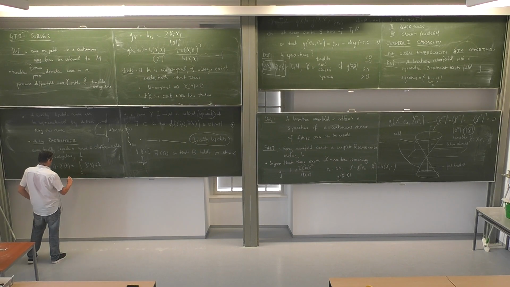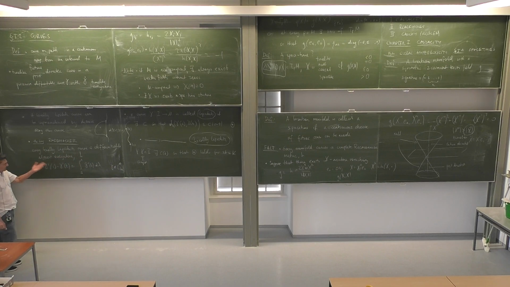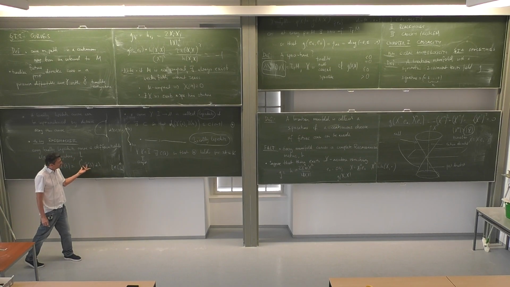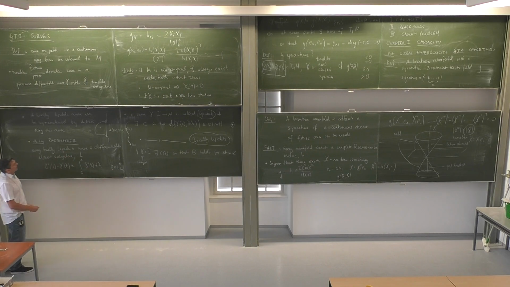So gamma dot is in L infinity loc: defined almost everywhere and bounded almost everywhere on every compact subset. This is in local coordinates, in every coordinate patch. So you can write it like that.